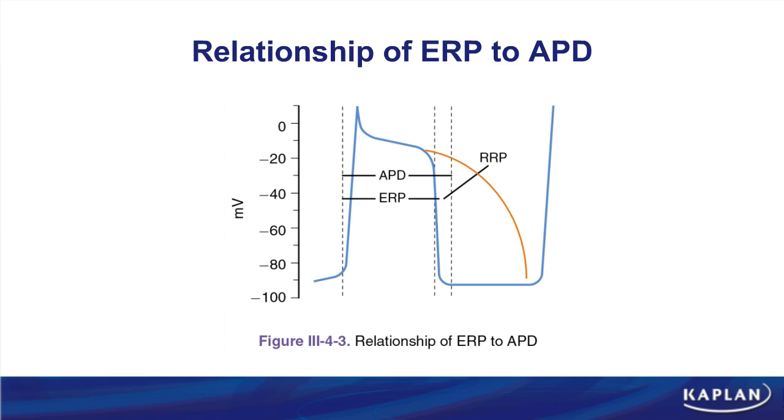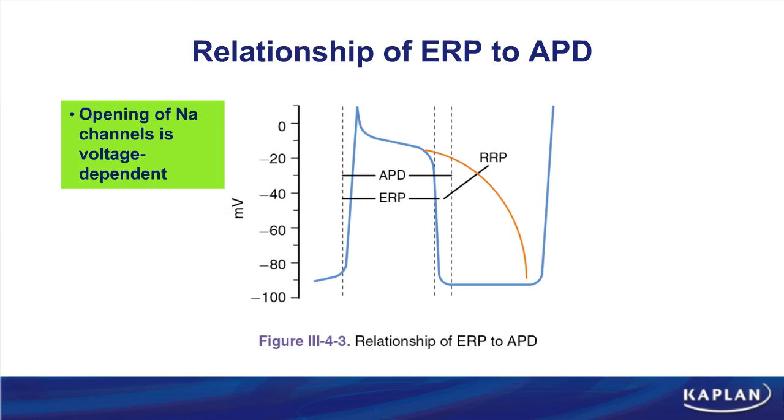But can you explain why a potassium channel blocker prolongs the ERP? Remember, the ERP and the transition to the relative refractory period happens mid to late phase 3. And it happens because your sodium channels are returning back to the resting state. The opening of your sodium channels is voltage dependent.